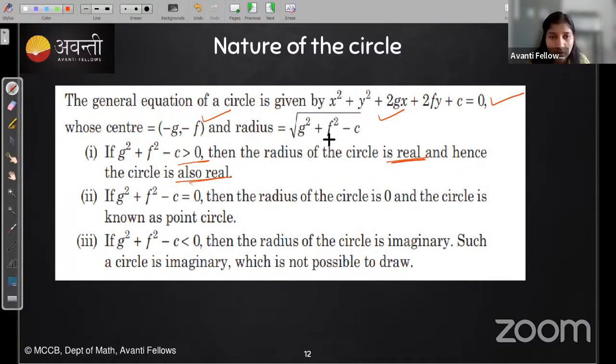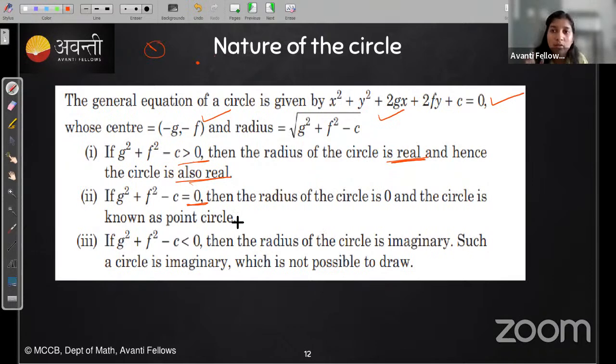Now what if it is equal to 0? What if the value under that root is equal to 0? Then the radius will be equal to 0, right? If radius is 0, it will be just a point, right? You can observe this. It's just a point. So we call it a point circle.